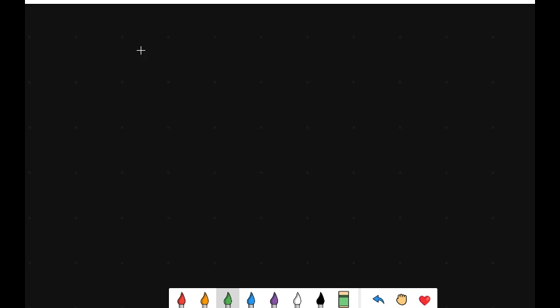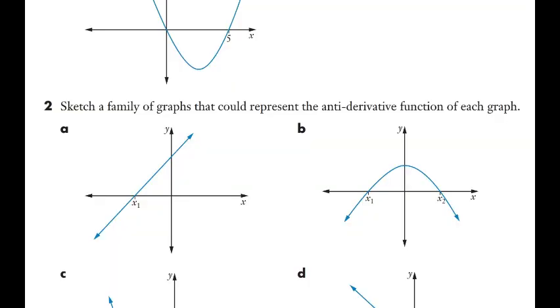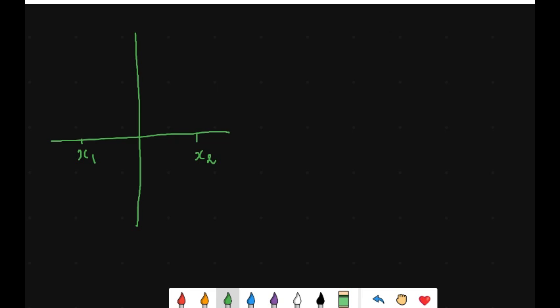Let me draw a straight line, another line, and there was x1 and x2, correct? And then it was like a parabola, a mountain parabola, okay.